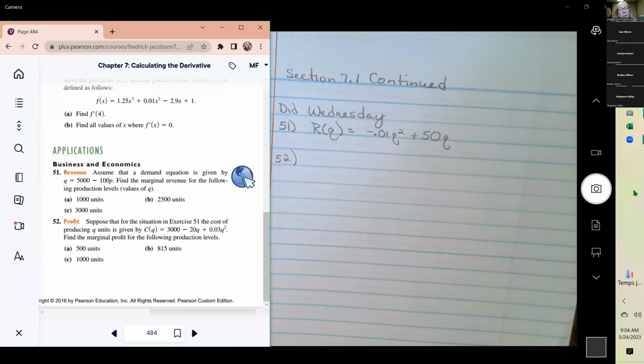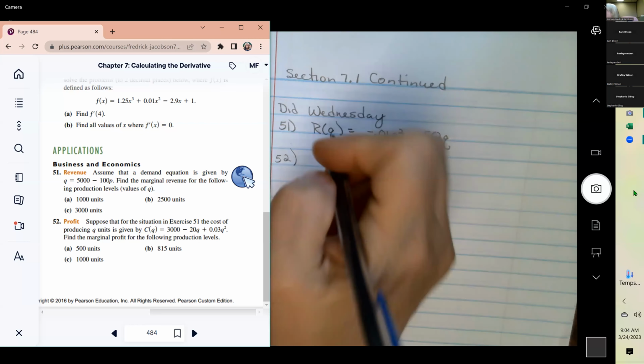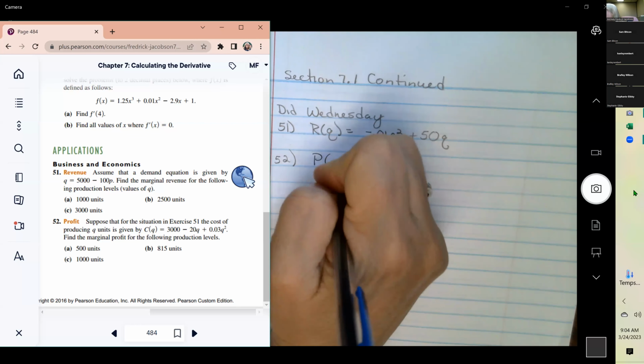Suppose that for the situation in exercise 51, the cost of producing Q units is given by C of Q equals 3,000 minus 20Q plus 0.03 Q squared. Find the marginal profit for the following production levels. We know marginal is derivative, but we want marginal profit, which means we need to find the profit function.